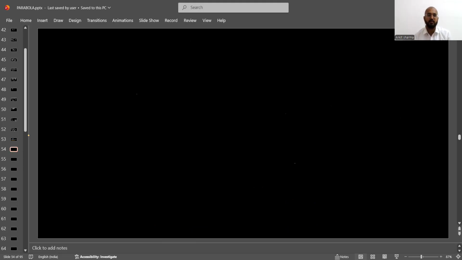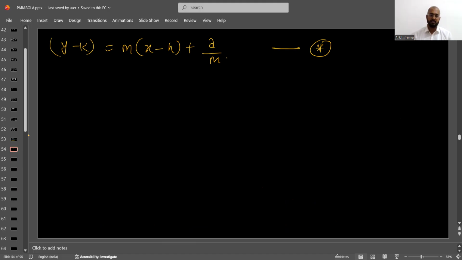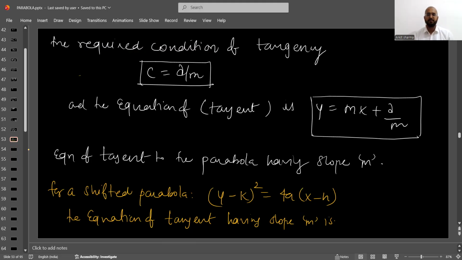So I can write down now y minus k is equal to m into x minus h plus a by m. So this is the required equation of tangent when my parabola is shifted.